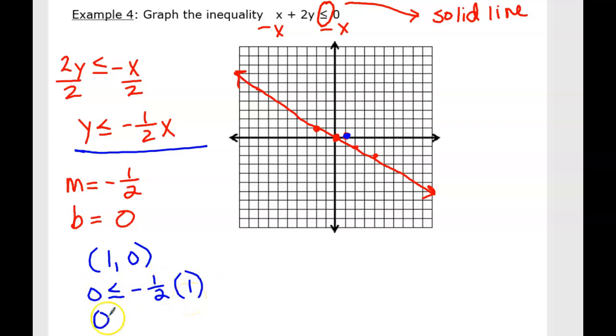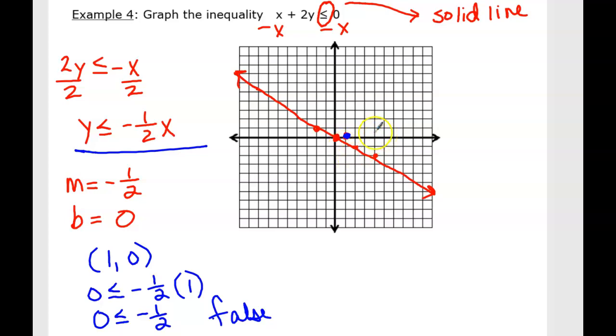Negative 1/2 times 1 is negative 1/2. Well, that's false. So because it's false, 0 is not less than this. That means we're not going to shade the side that has the 1, 0.